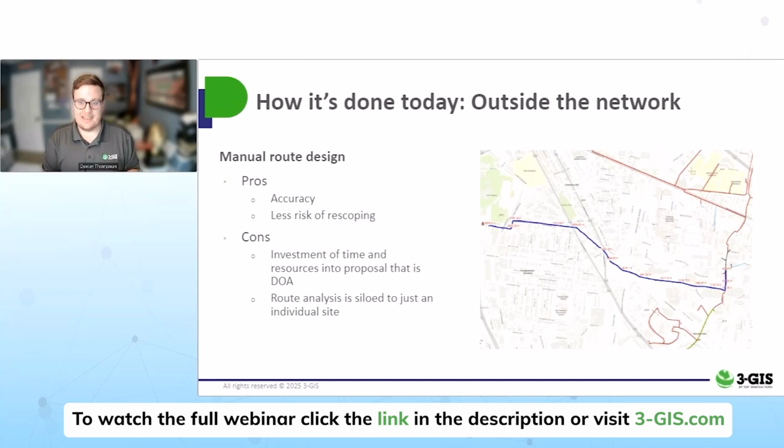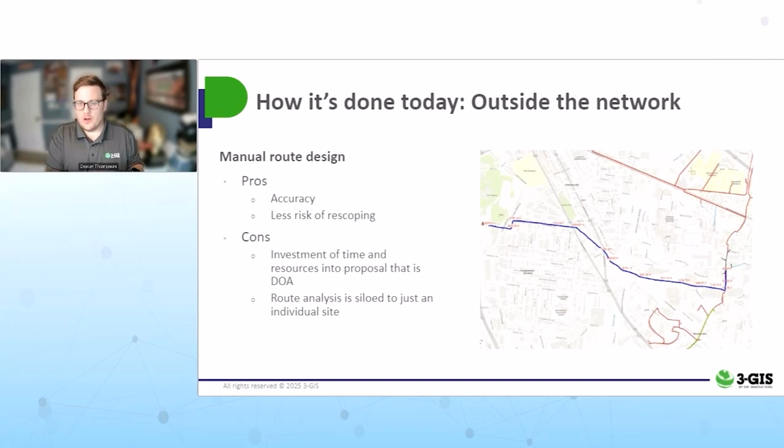You're going to understand how much it's going to cost, probably very low risk of rescoping, but that time investment could become an issue because once you fully understand what it's going to cost and where it's going to go, you're going to realize that it might not be viable for your provider. So you've used a lot of that time resource to not have an end result.